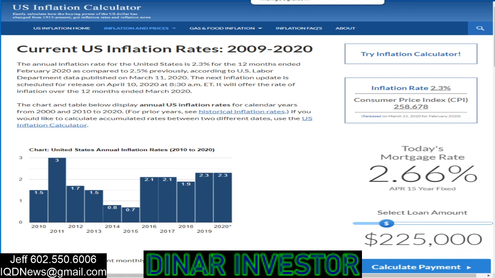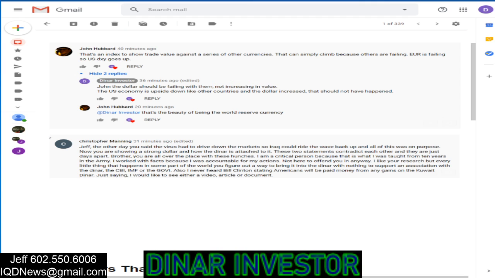Now, let's look at what some people had shared and see how accurate their information is compared to real, factual data. John Hubbard said that MarketWatch showing the dollar index that I shared with you guys is an index to show the trade value of the dollar against a series of other currencies, and that they simply climb because the others are falling.